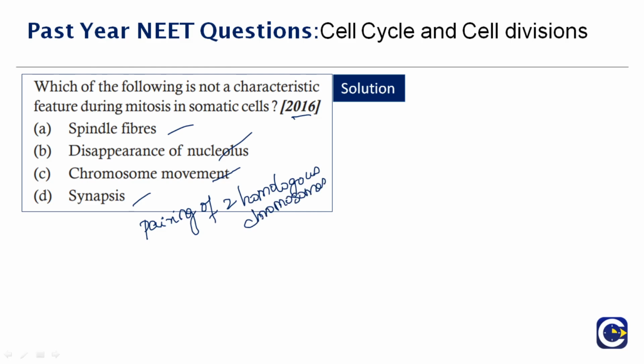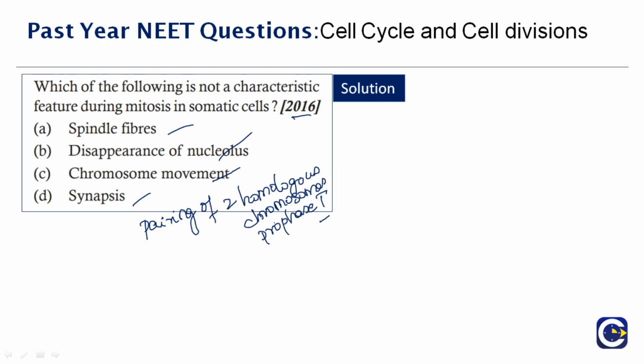Here, if you see, it allows the matching up of the homologous pairs prior to their segregation and possible chromosomal crossover between them. So synapsis will take place only during which phase? Prophase. We all know that it is during prophase I. So therefore the correct answer to this question is synapsis.